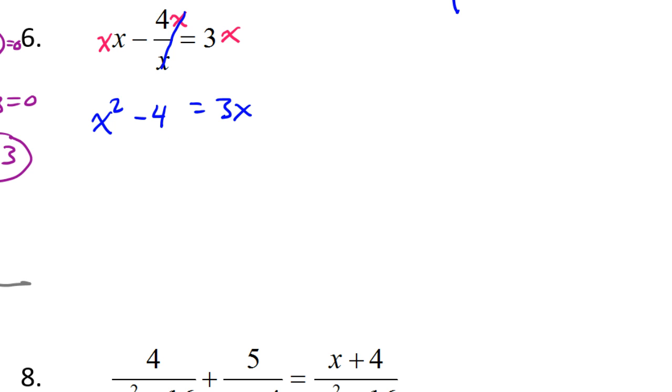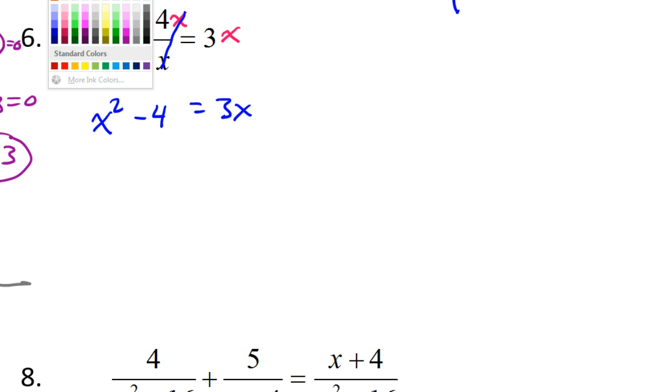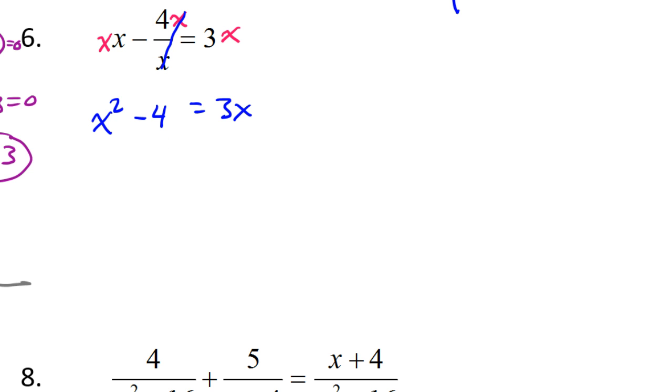Now, I can easily get everything on one side of the equation by subtracting 3x from both sides. Notice that it goes in the middle between these two, and it doesn't combine with anything, no like terms. So this is going to give me x squared minus 3x minus 4 is equal to 0.